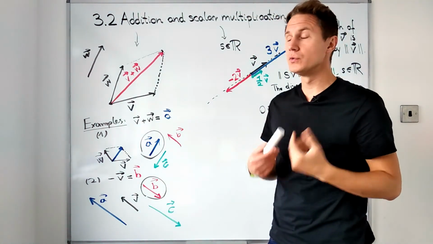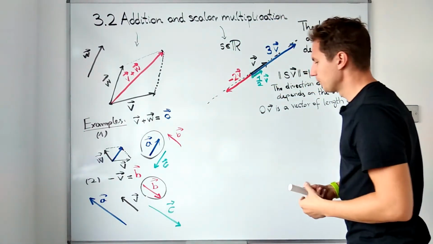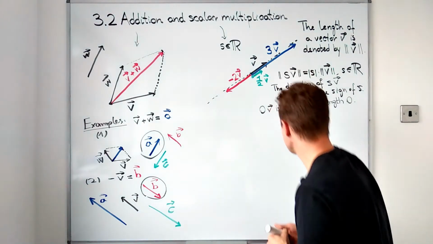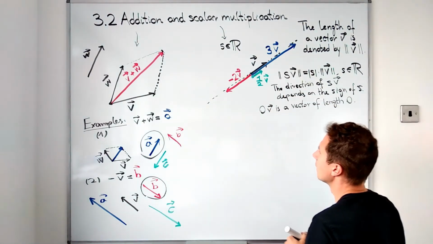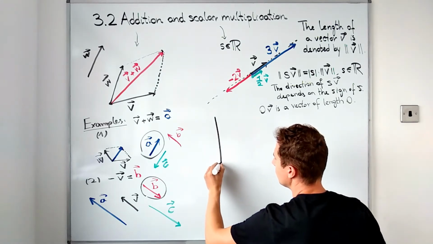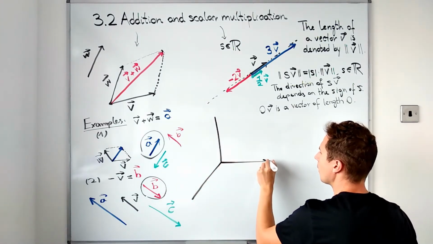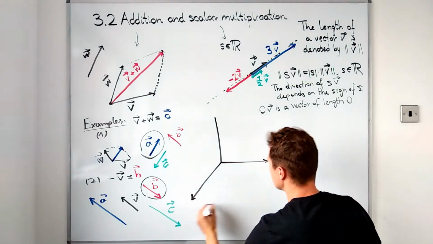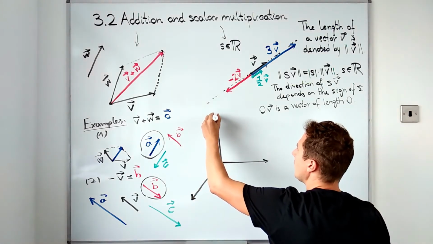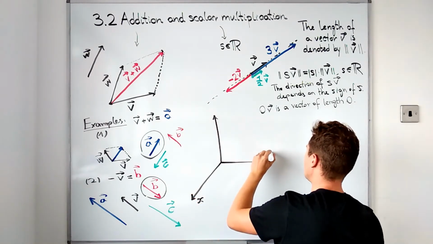So let's introduce coordinates. The way we do it is, we want to look at position vectors, and we'll use the Cartesian coordinate system. So this is going to represent a coordinate system in 3D space. So here we have the three axes of x, y, and z.